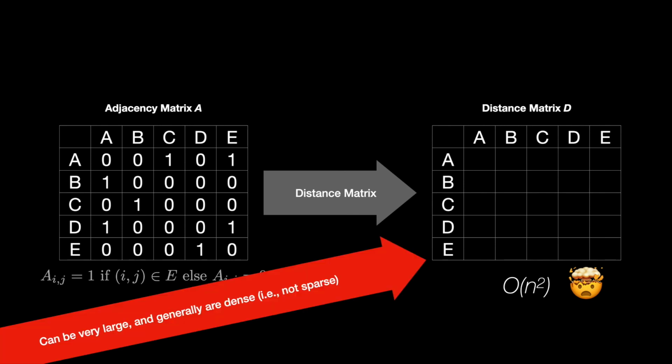But the big difference here is that the distance matrix is large, but it's also generally a dense matrix. We can distinguish between dense and sparse matrices, where sparse matrices are primarily zero in many, many places and non-zero in very few places.